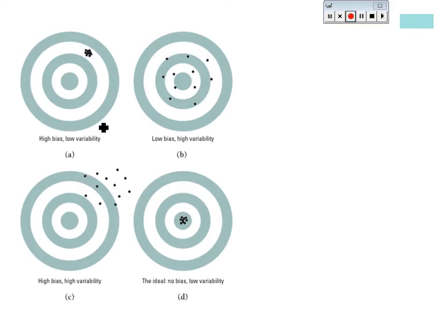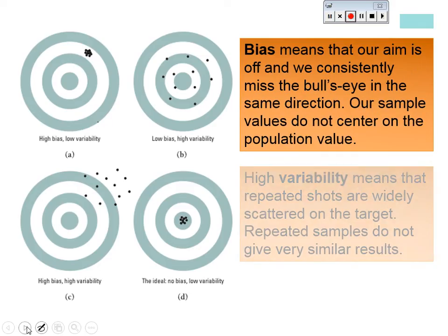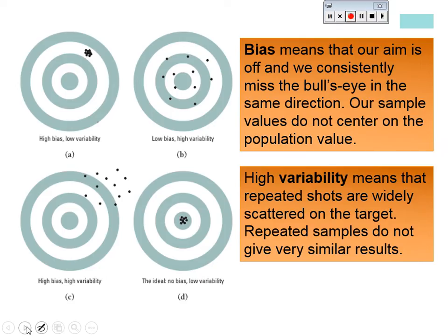So you can see here in this first graph that we have in letter A, that you have high bias and low variability, meaning you have your points that all seem to be clustered around a common place, and the variability is low, meaning that the points all seem to be in one spot there. This right here has low bias and high variability.